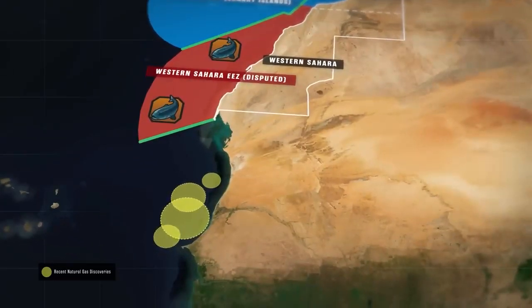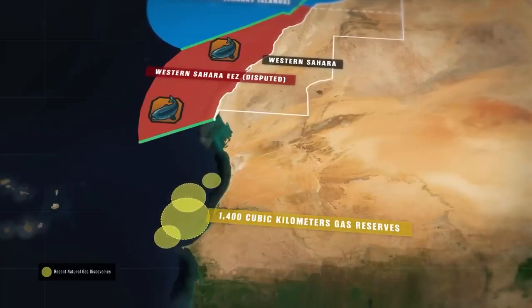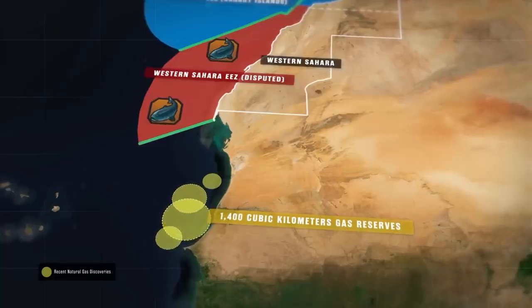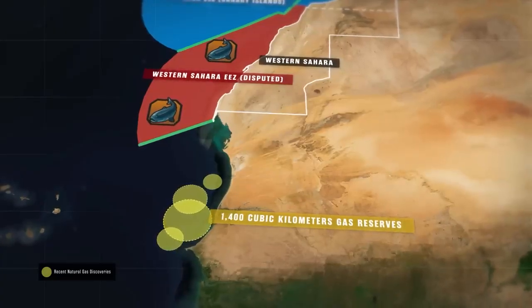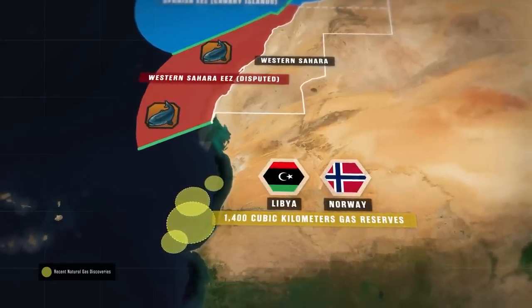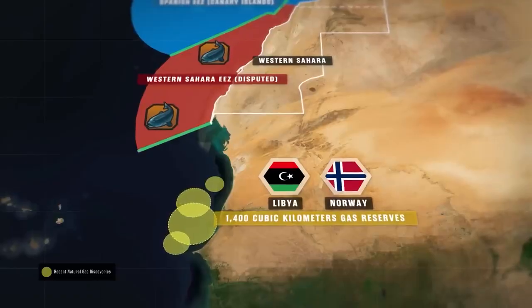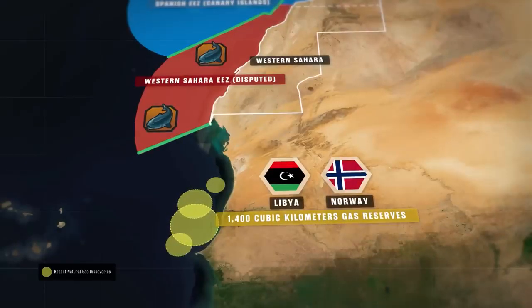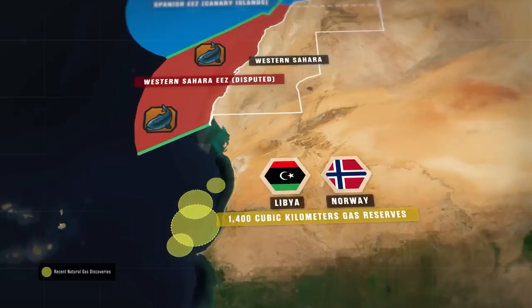The revealed Mauritania had around 1,400 cubic kilometers worth of proven offshore gas reserves, which suddenly put Mauritania's gas reserves in the realm of comparison to petrostates like Libya and Norway. While offshore gas exploration within Western Sahara's waters have been limited because of the region's conflict and disputed status, Morocco has recently signed an agreement with an Israeli company to begin searching for offshore gas in the Western Saharan EEZ anyway.